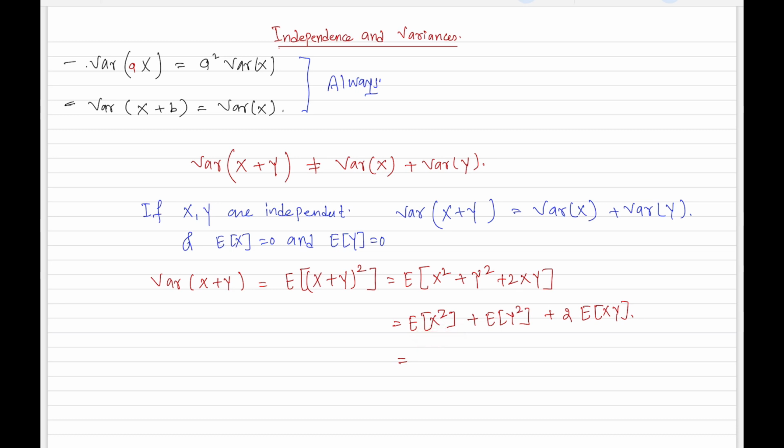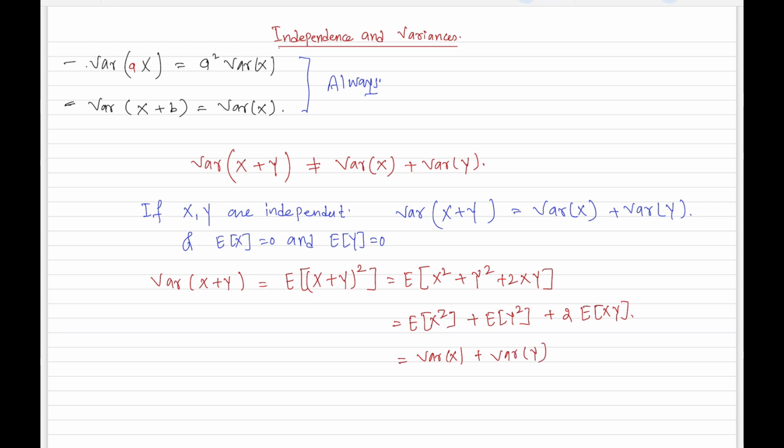This is the variance of random variable x, because we have already assumed that the expected value or mean is 0. So this is nothing but the variance of x. Similarly, this is nothing but the variance of y.